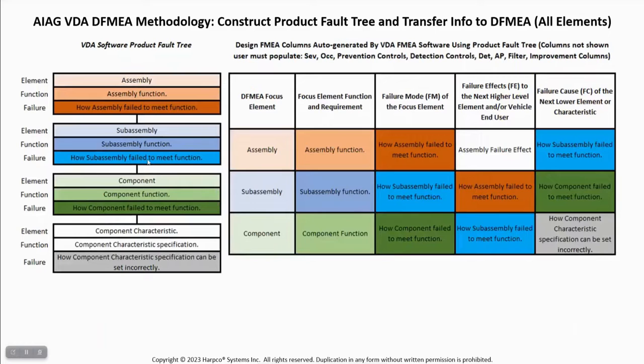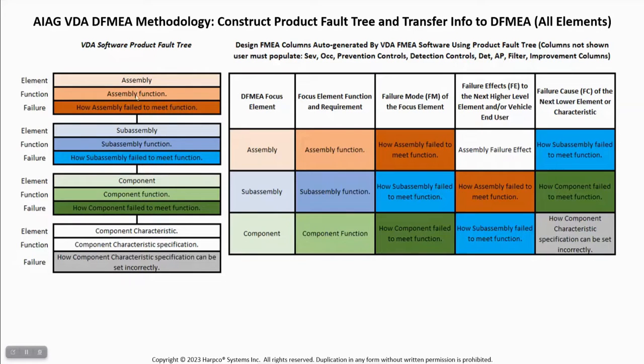So now if we take the whole thing, our assembly, our complete tree, what happens is, because we had an assembly, a sub-assembly, and component, we end up creating 3 different design FMEAs. So we have to have an assembly design FMEA, a sub-assembly design FMEA, and a component design FMEA. We don't do it for characteristics.